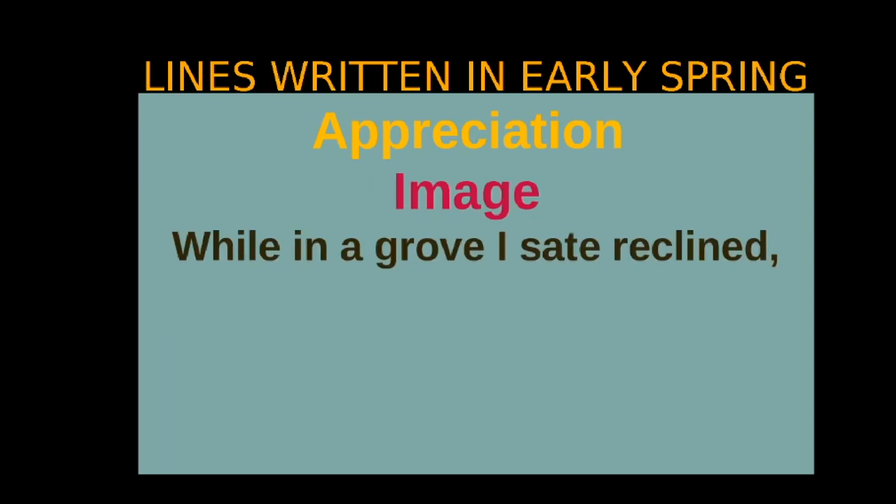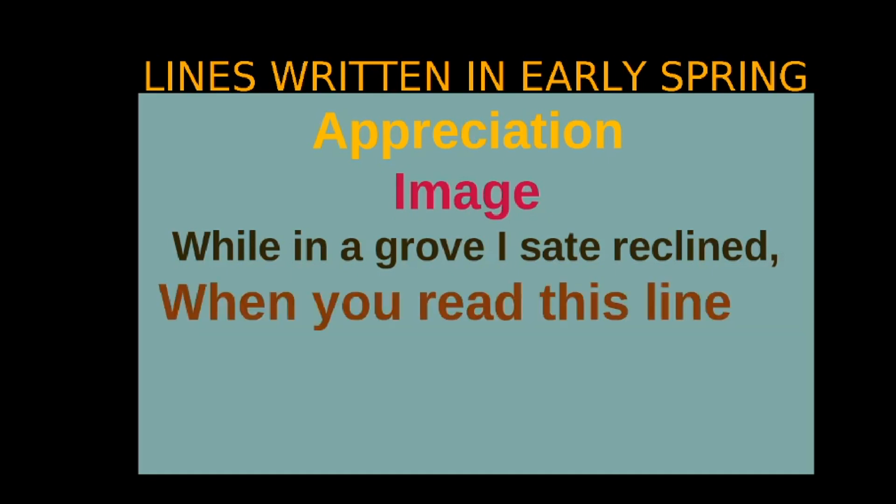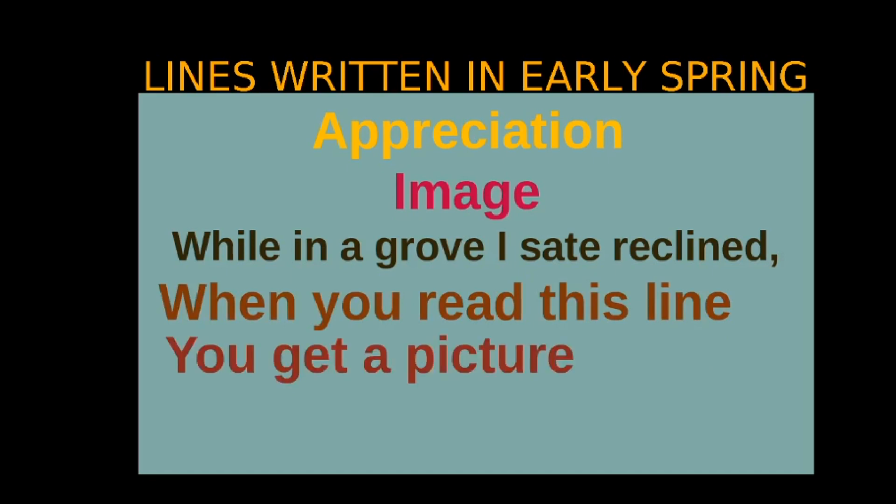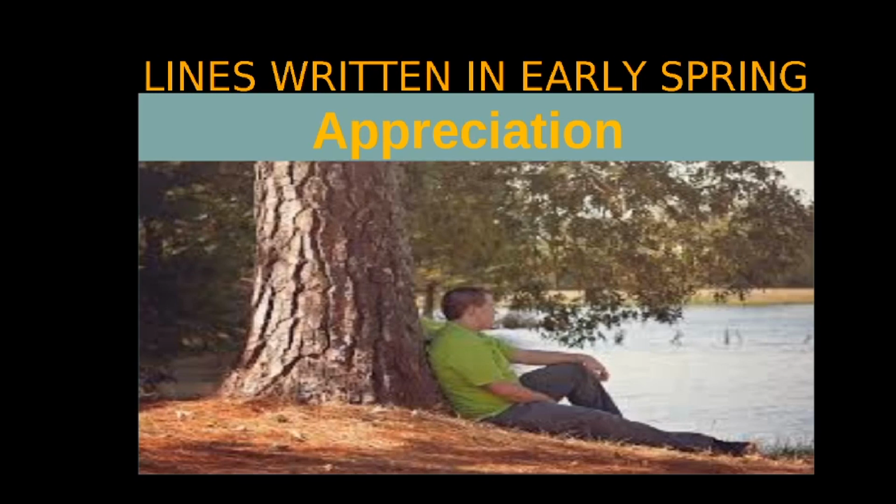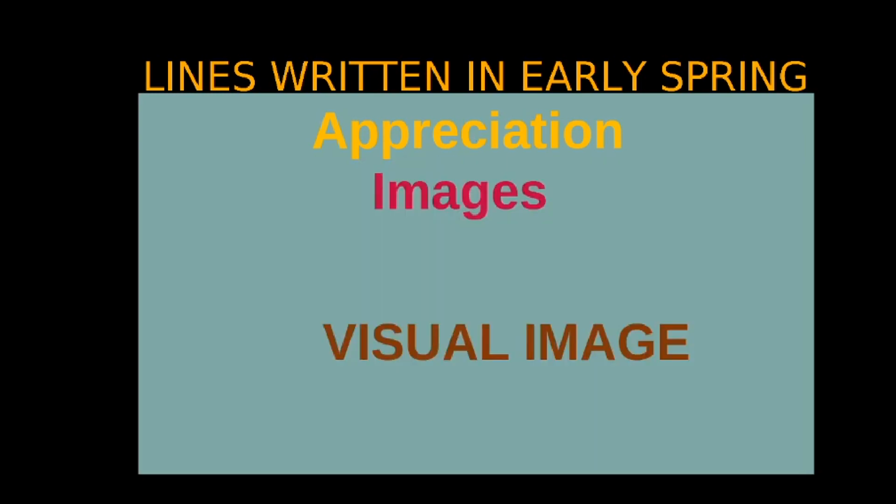Okay. While in a grove I sat reclined. When you read this line, you get a picture in your mind, right? This is a picture of a man sitting under a tree in a garden. So when you get a picture in your mind, it is a visual image.